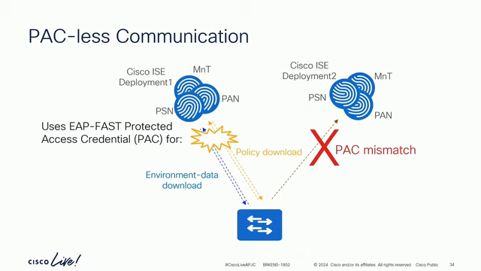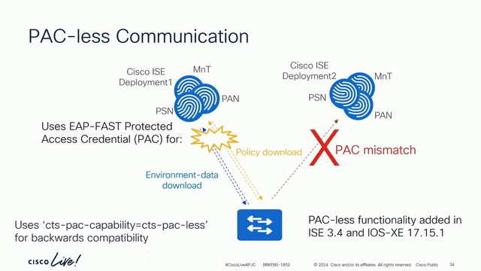So there couldn't be that sort of HA. So we've come up with PACless. It's in ICE 3.4. It's out now. And it's supported in 17.15.1 in IOS XE. And it's backwards compatible. So if one or the other doesn't support it, then it will just go back to supporting the PAC. So hopefully that'll be useful to some of you that may have had problems with the PAC in the past.